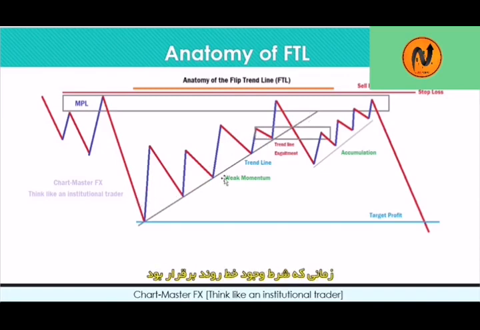So once you have a clear trend line here, the conditions of the flip trend line, you need to wait for the engulfment of the trend line. Once you see this trend line being engulfed, then you wait for the second accumulation going towards the MPL zone. Then you can place your trade there.